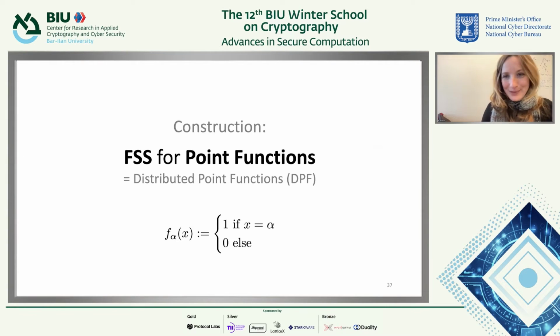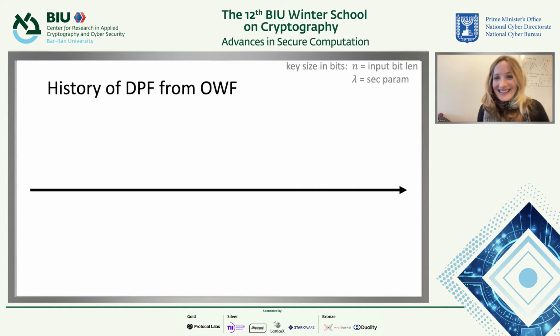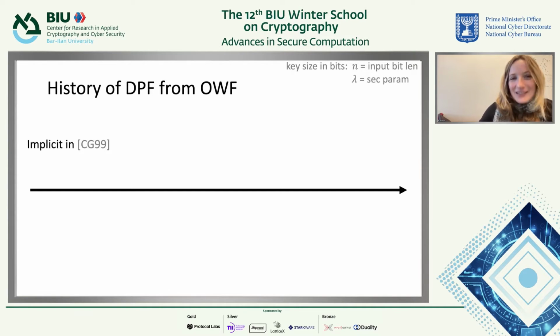Okay, so let me begin with point functions. And again, I'm going to use the terminology of FSS for point functions and distributed point functions interchangeably. These really just mean the same thing. And let me start by giving just a little bit of history. So the first constructions of DPFs from one-way functions actually go back before all of this function secret sharing time.